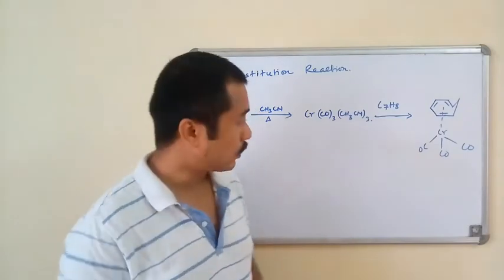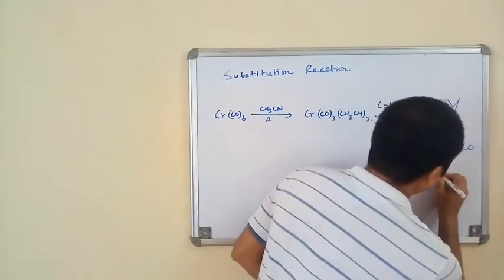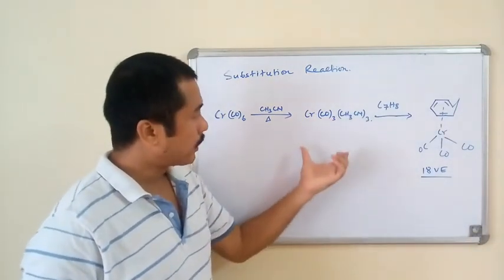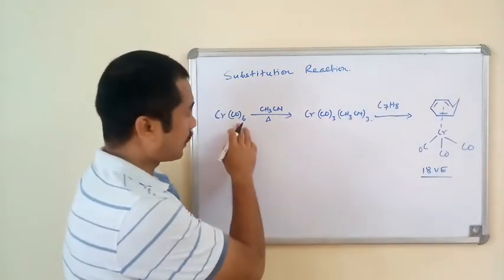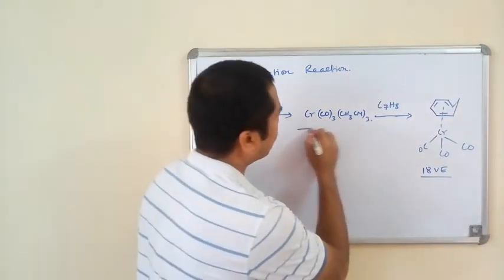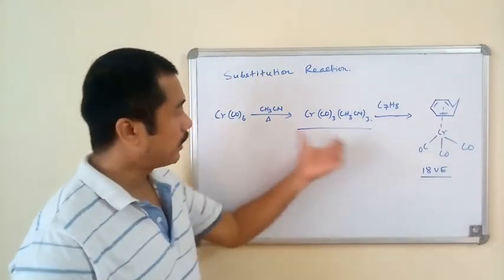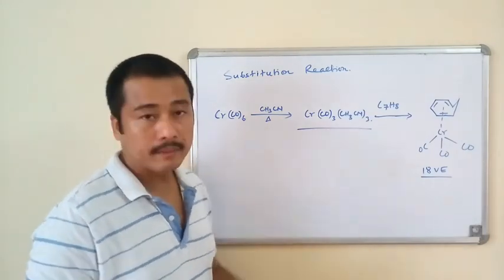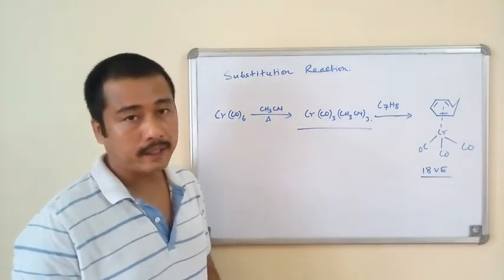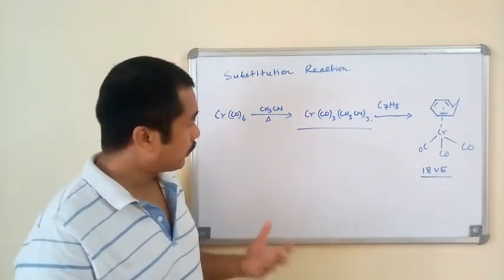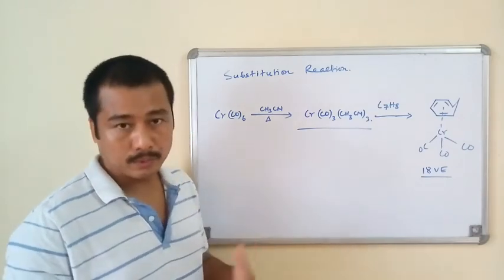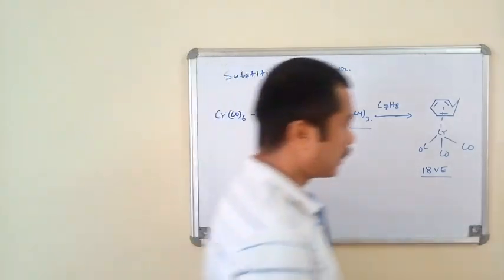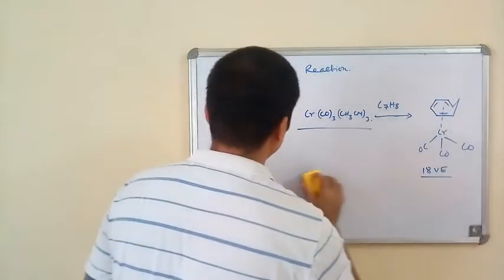So this is an 18 electron complex, and we could prepare this by substitution of the carbonyl ligands via this intermediate complex formed with acetonitrile, which is a ligand which forms labile metal ligand bonds, and that is why it can be easily replaced by our desired ligand. So this is a commonly used technique where one employs an intermediate introduction of a ligand which forms labile metal ligand bonds.